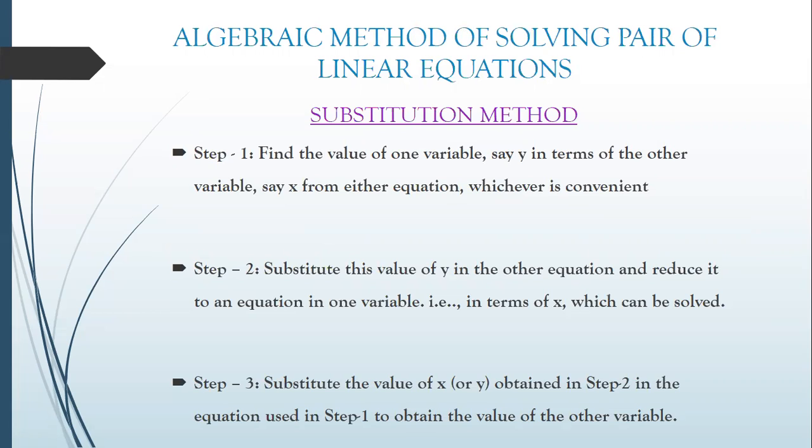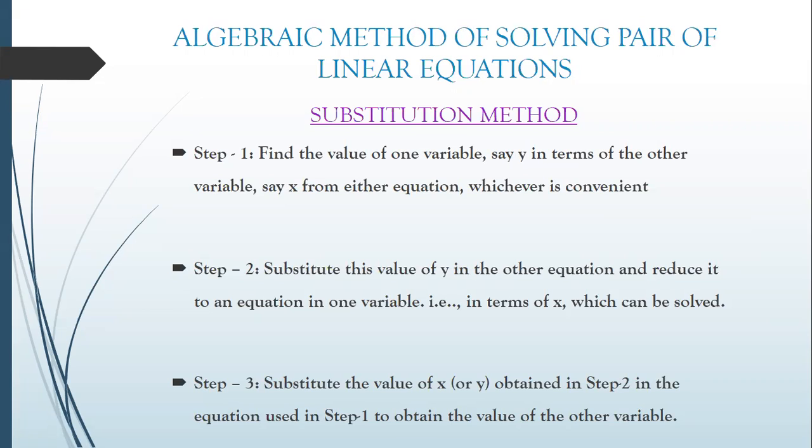So for this method, the first step is finding the value of one variable, say y, in terms of the other variable, say x, from either equation, whichever is convenient. Then for the next step, we'll substitute this value of y in the other equation and reduce it to an equation in one variable, that is in terms of x, which can be solved.